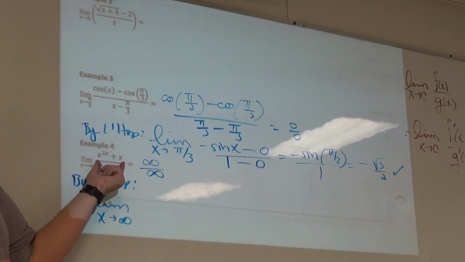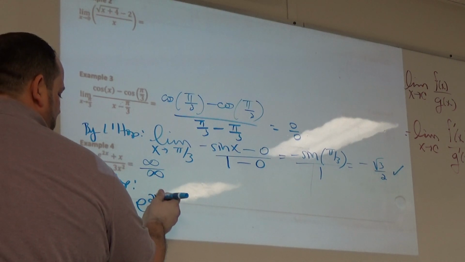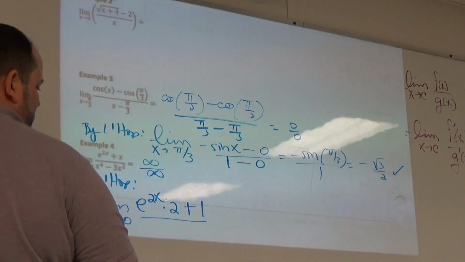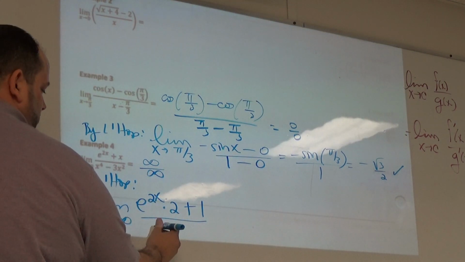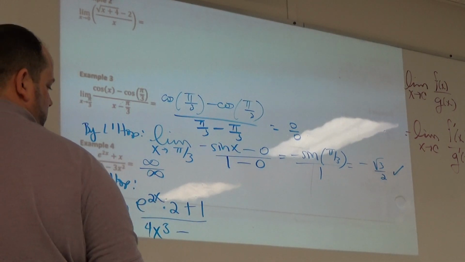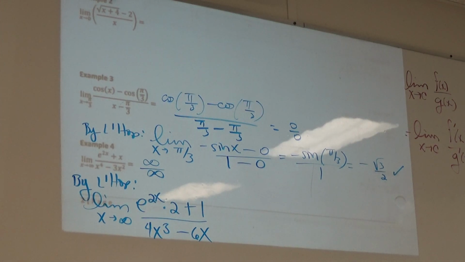The derivative of the numerator, the derivative of e to the 2x, it's been a while, but that's a chain rule, e to the 2x times 2, plus 1. In the denominator, the derivative of x to the 4th, 4x cubed, minus the derivative of 3x squared, 6x. Take the limit as x approaches infinity.